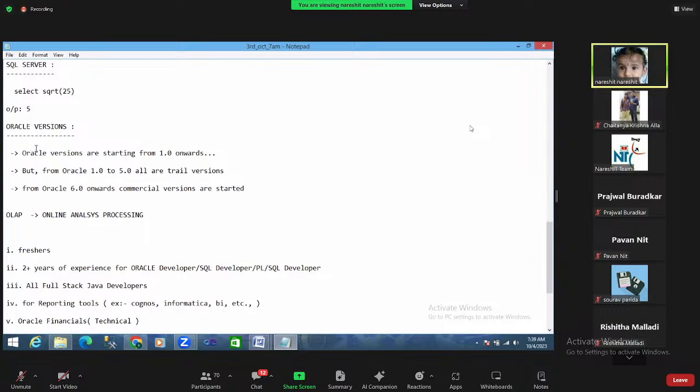He wants to generate a report. If any items are not sold for one week, the next day he can take a decision, like a buy one get one offer. Companies give buy one get one because those products are not selling.